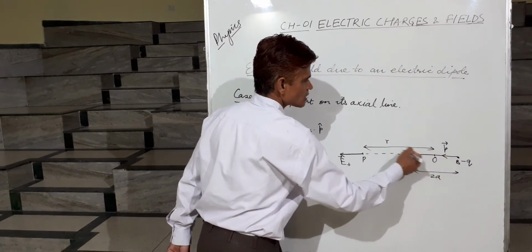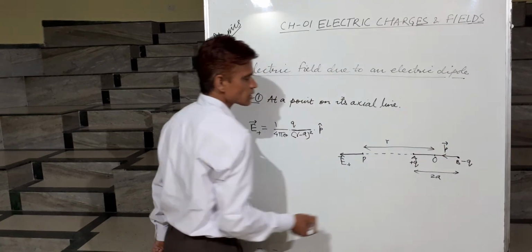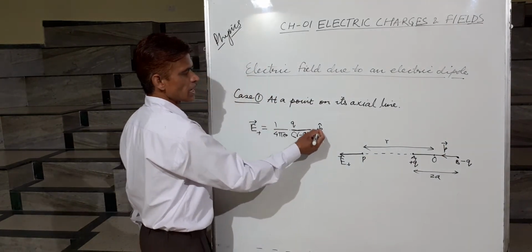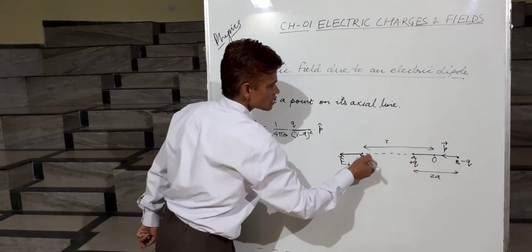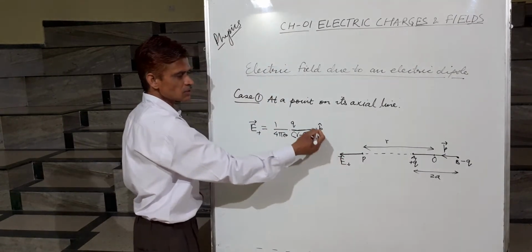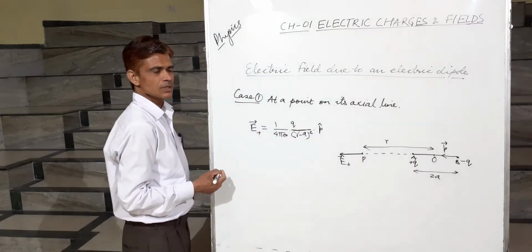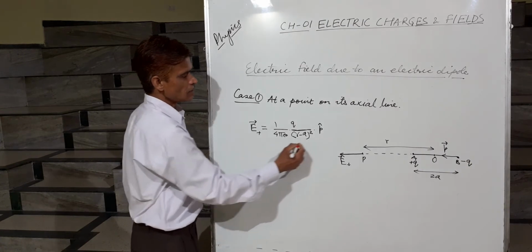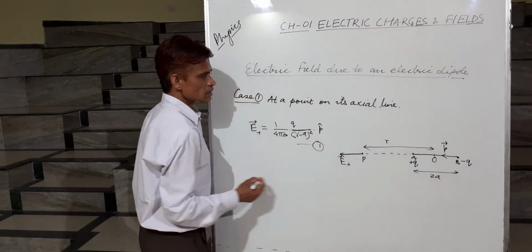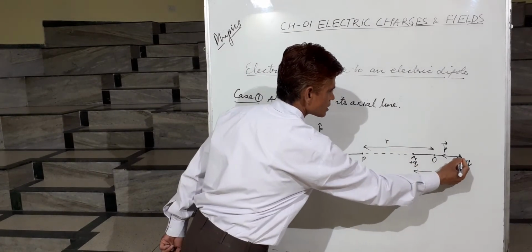So unit vector in this direction, we can take that of the vector p. So p cap is the unit vector in this direction, so we can attach this unit vector for vector E plus. Now let us calculate the electric field due to this negative charge.